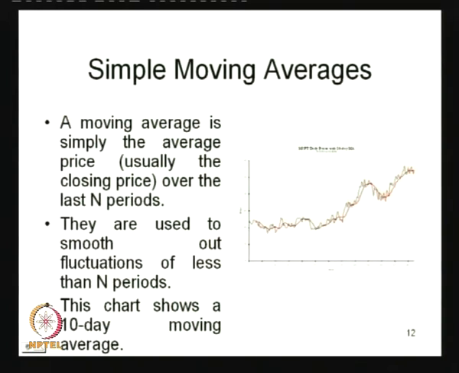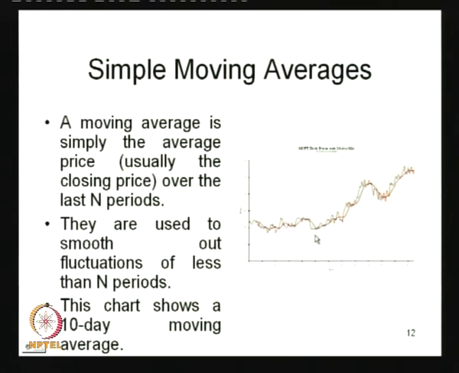This chart shows a 10-day moving average. There are various types of moving averages. It smooths out the fluctuations in this particular period. Here, one particular stock price is showing this behavior, and we have drawn a trend line above that, and from this we can compare how the moving average line is behaving by adjusting for the fluctuation in the stock price.